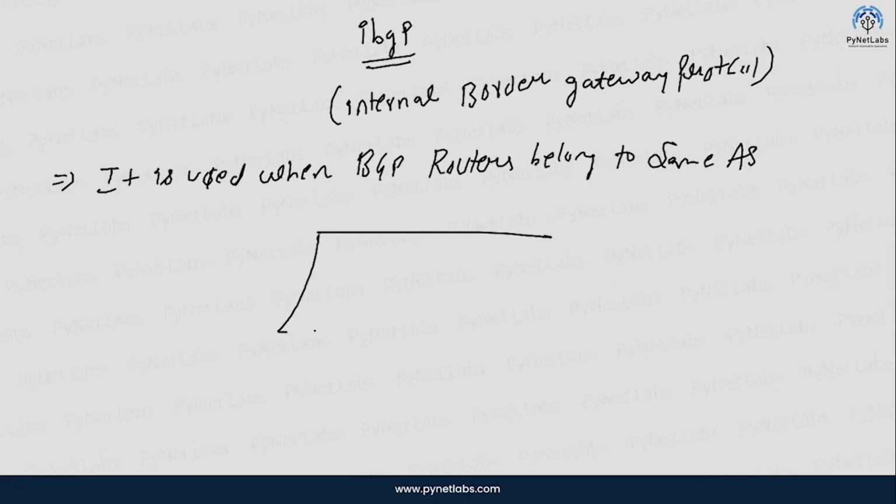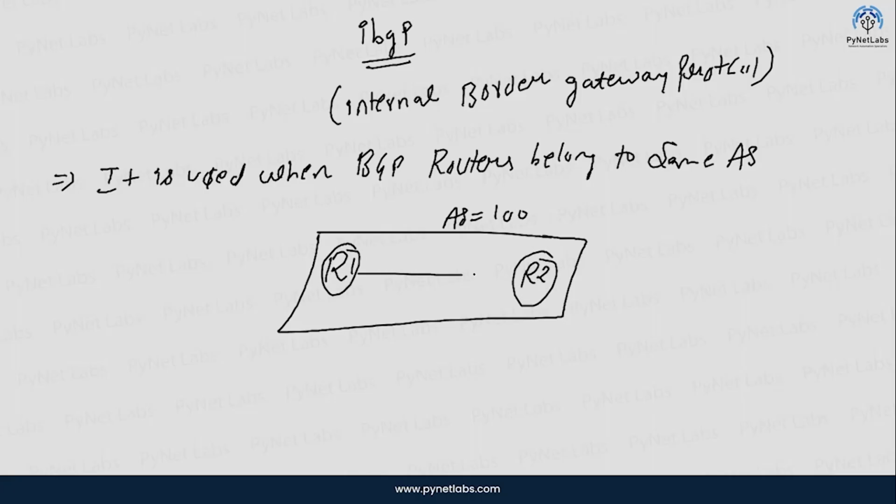Let's say I have an autonomous system, this is AS 100, and in this AS 100 I have R1 and R2. If I want to connect my R1 and R2, this session is known as an iBGP session because it is connecting within the same AS.